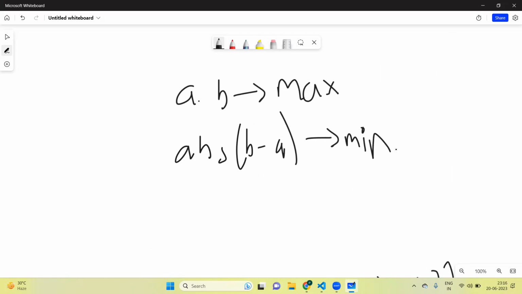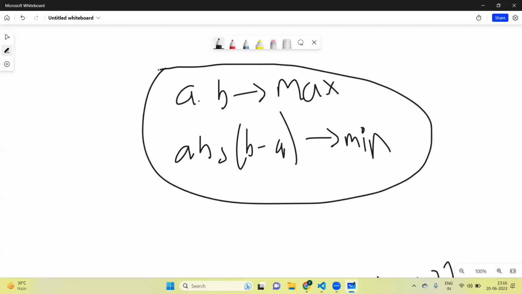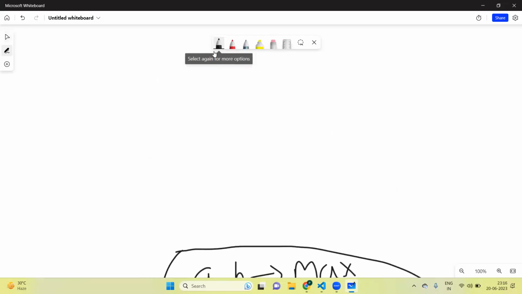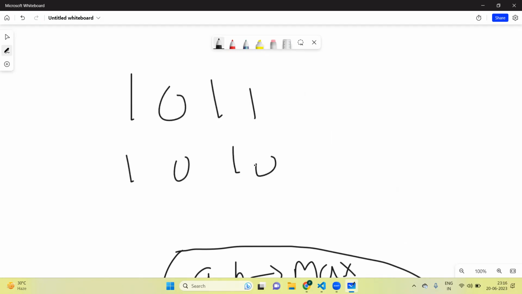Which means a dot b, if we want to maximize a dot b, then the difference between them should be minimum. So again, we will iterate, suppose these are the two numbers, 1011, 1010.